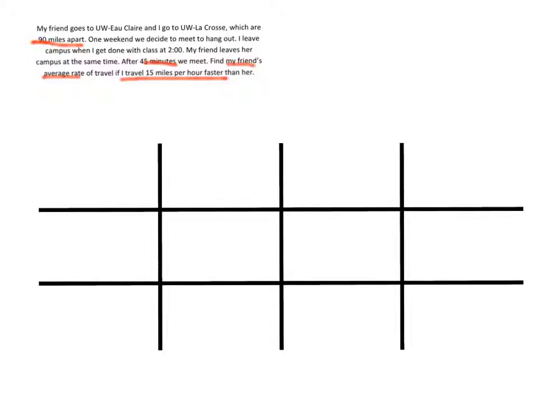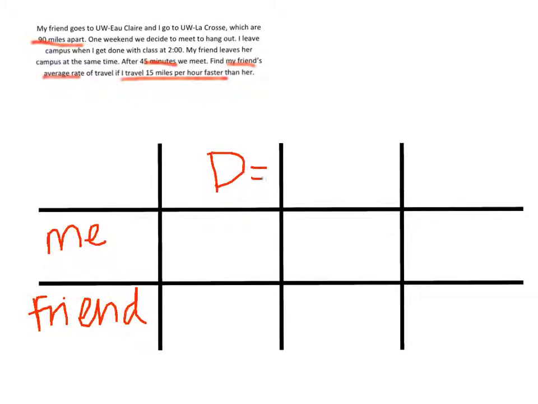So then, with this information, we're going to fill in this chart. This is going to be me, and this is going to be my friend. And then distance equals rate times time.